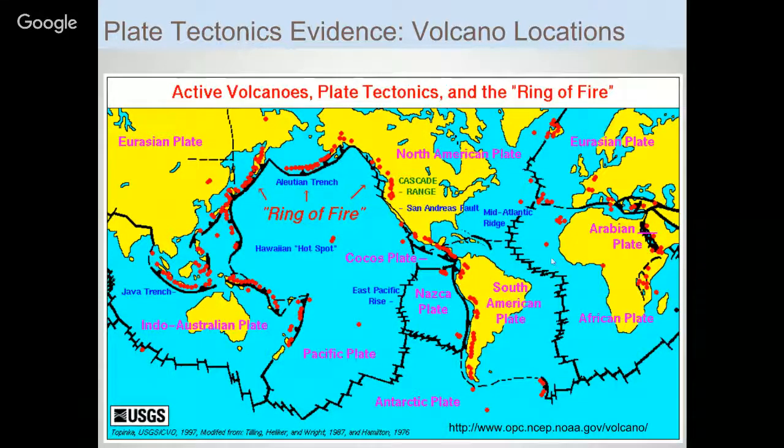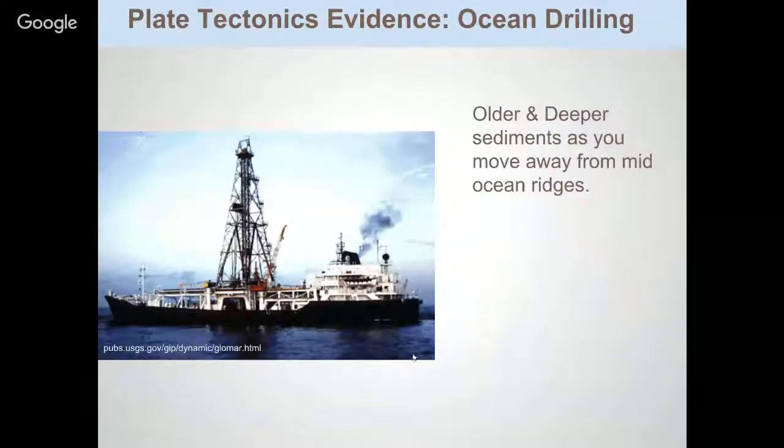And they exist in other places too, where we have subduction along the western coast of South America, right? So they are lining up pretty well with those plate boundaries. Another kind of support and explanation from plate tectonics.